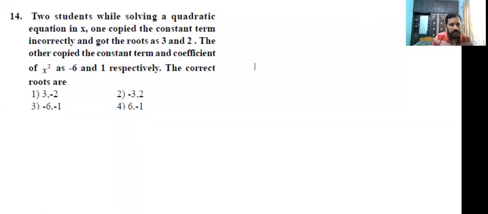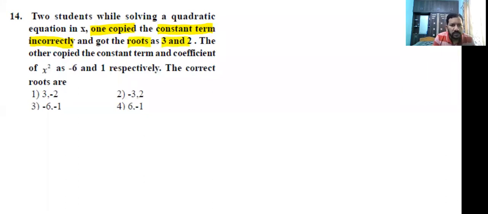14th question. Read the question. Two students, while solving a quadratic equation in x, one copied the constant term incorrectly and got the roots as 3 and 2.